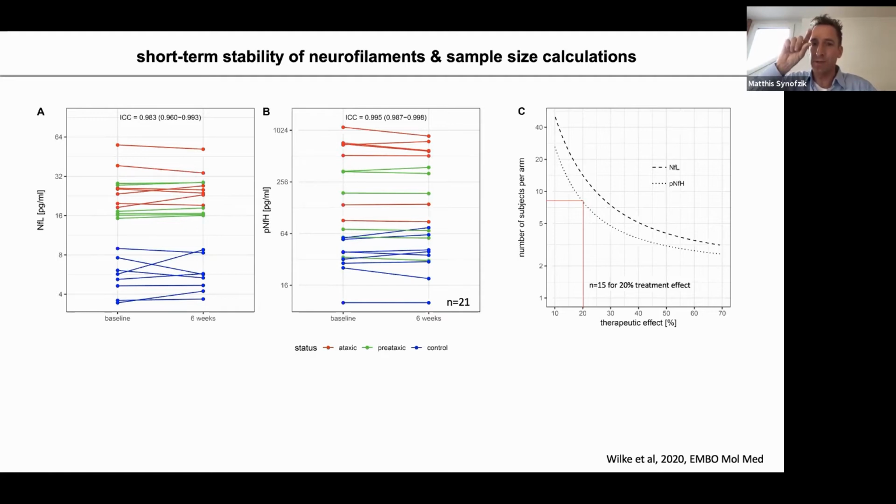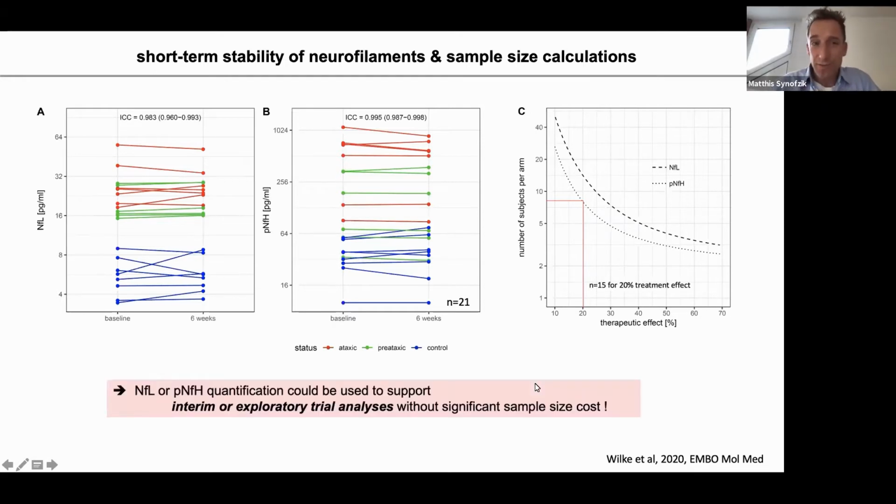So for a 20% reduction of the NFL compared to controls, you need 7.5 subjects per treatment arm. So 15 subjects for intervention versus placebo arm for pNfH, a few more for NFL. But still, the numbers are incredibly low compared to a clinical outcome measure.